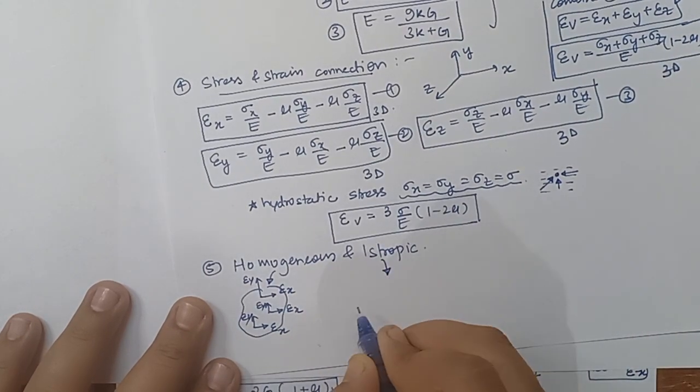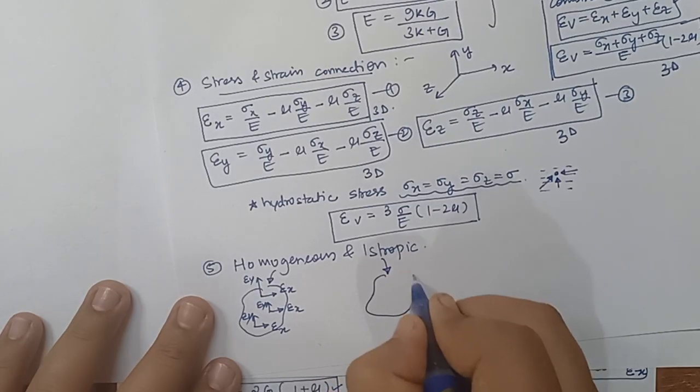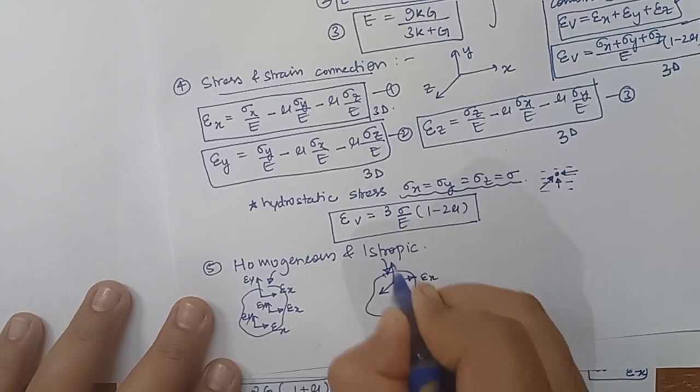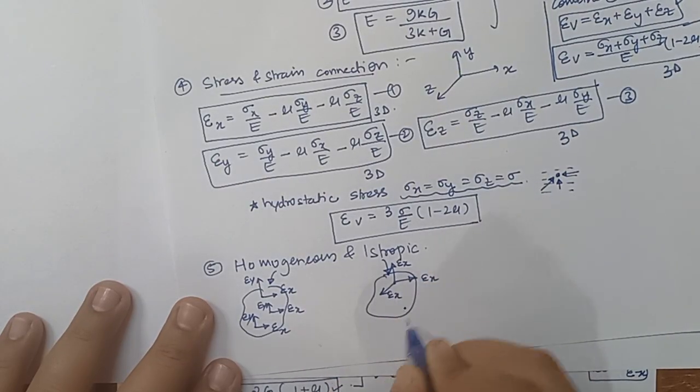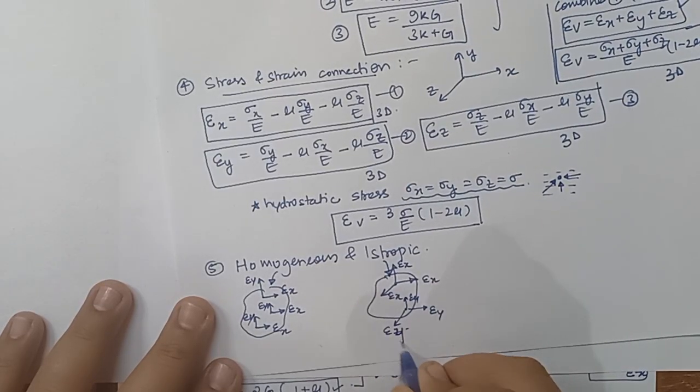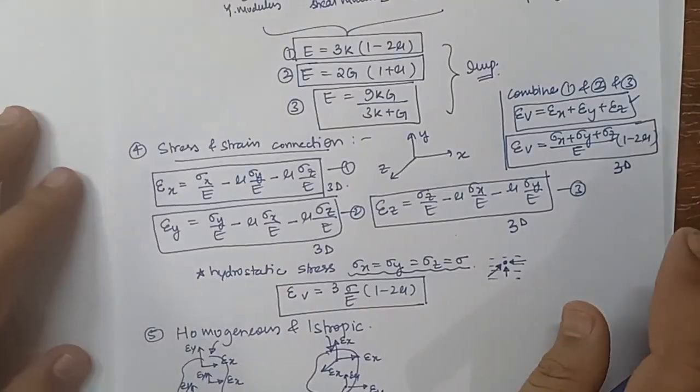Right? And what is isotropic? Isotropic means at a point, the property of the material is the same. Epsilon x, epsilon x, epsilon x. And if you change the point, the property changes. Epsilon y, epsilon y, epsilon y. Clear? So this is all about stress and strain.